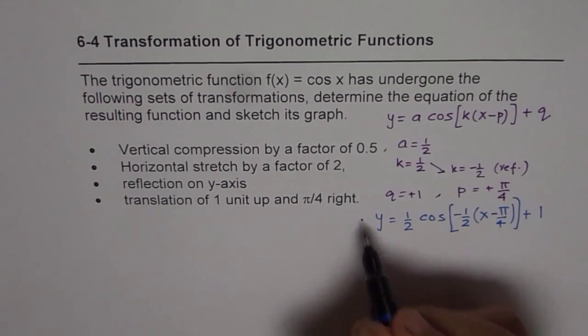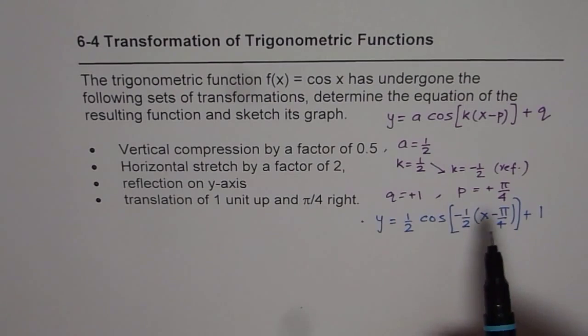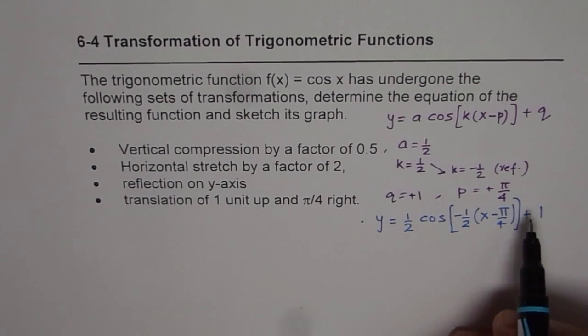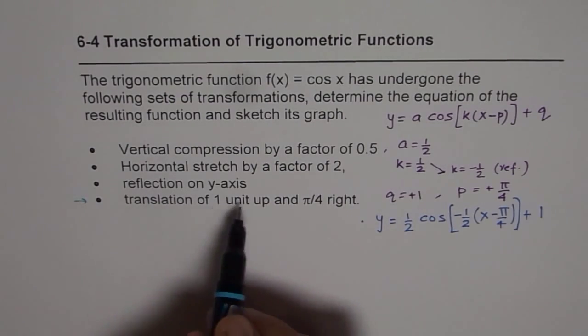So that is the equation for the transformed function, right? So we have done the first part. Now let us try to sketch this function. So I will use a very general way of sketching it. See, this is kind of unique in a way. So what we have here is, we'll start with translation, 1 unit up.